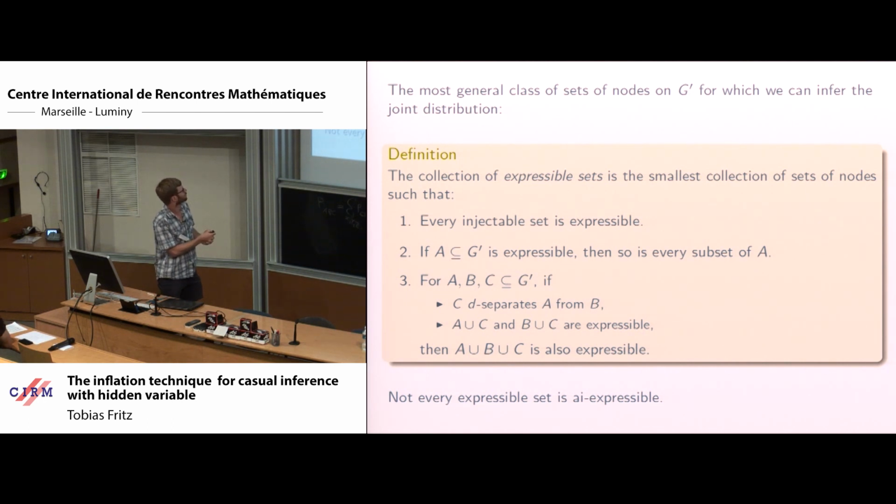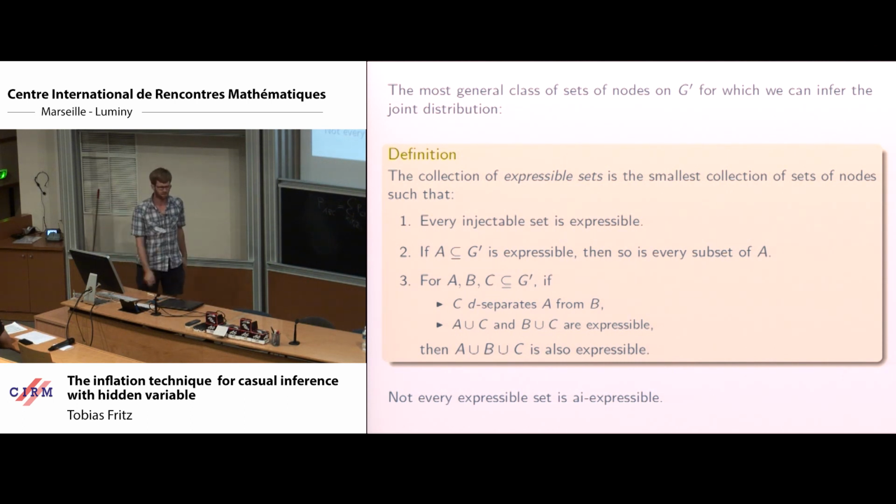If we have such a d-separation relation for three sets, and we know the distribution on the nodes in A union C and on the nodes in B union C, then we can apply that conditional independence to also write down the joint distribution for the nodes in A union B union C. And this having disjoint ancestry case is the special case of this where C is empty.